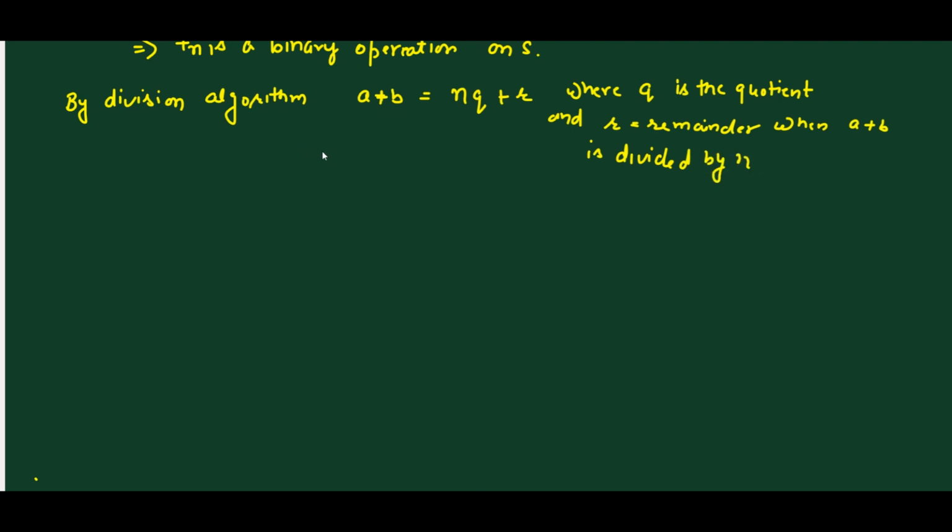So r is the remainder when a plus b is divided by n.